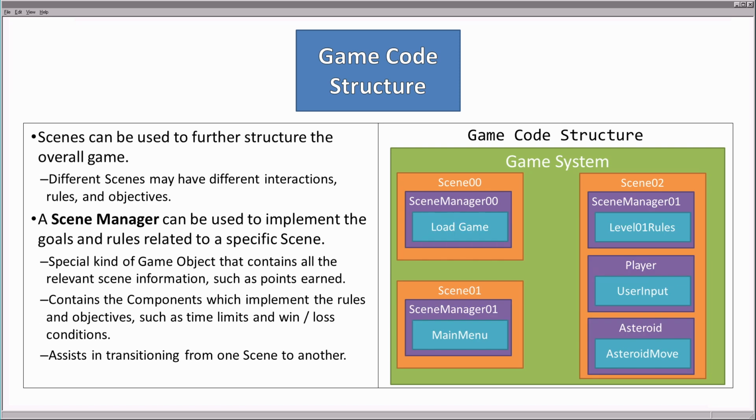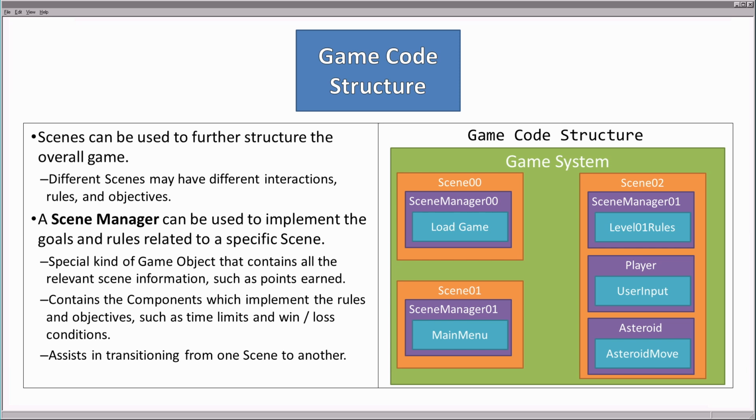Scenes can be used to further structure a game. The scene manager helps enforce the constitutive and operational rules for the game. Many times, it does focus on the overall goals, win and loss conditions of a game. Again, different scenes may have different interaction, rules, and objectives. A scene manager can be used to implement the goals and rules related to specific scenes.